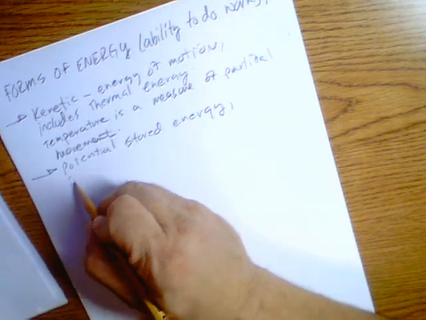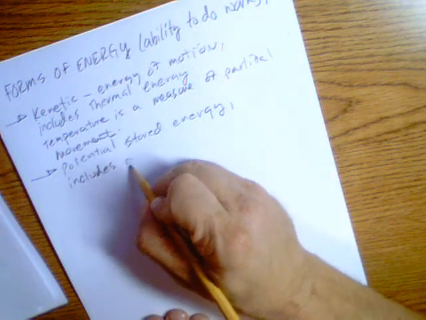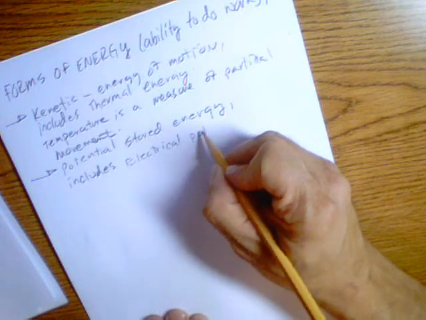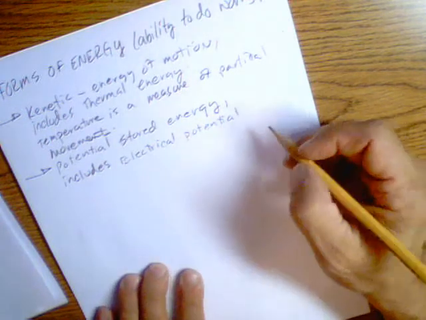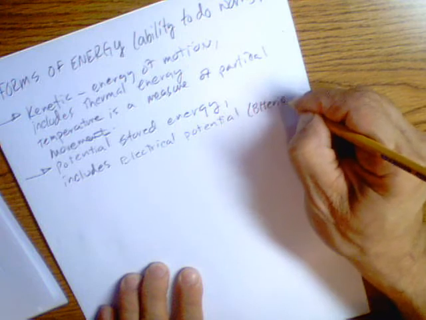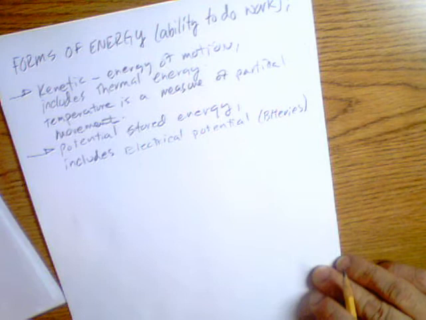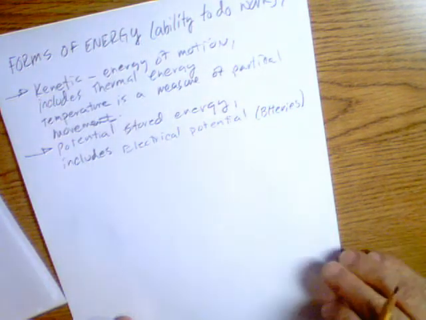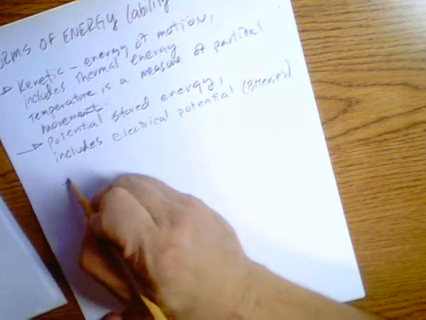This includes electrical potential energy, which we don't call that. What we would call it is a battery. I'm talking about batteries, of course. So batteries are an example of stored or potential energy.